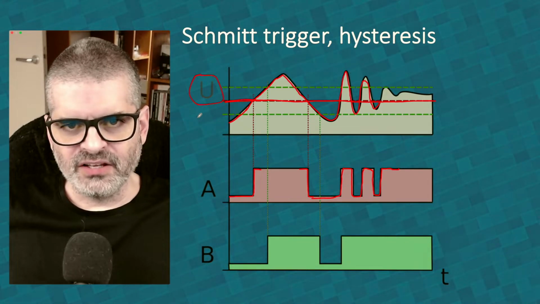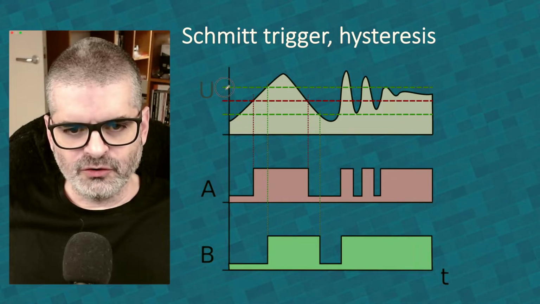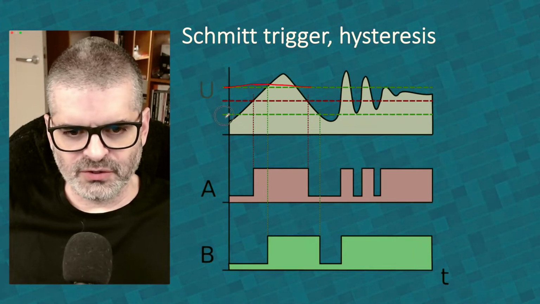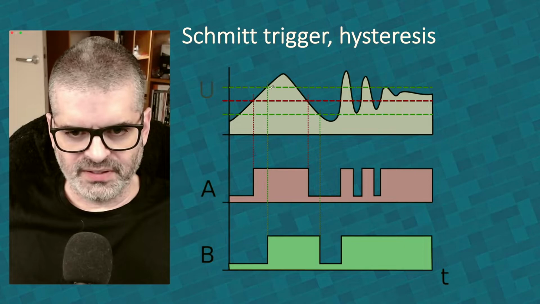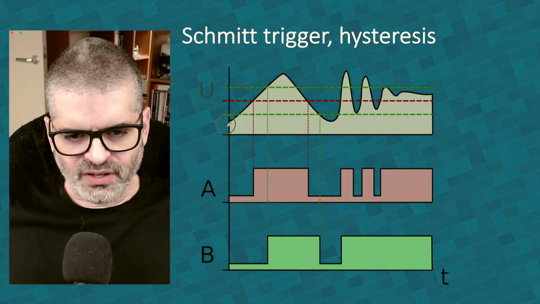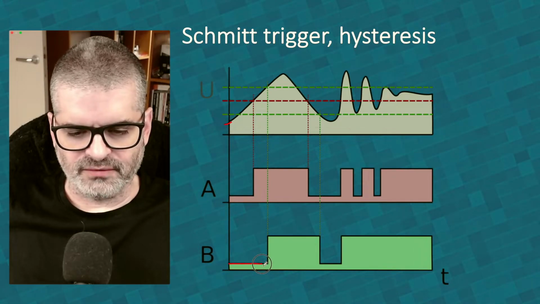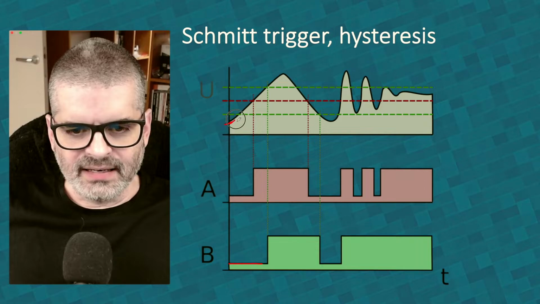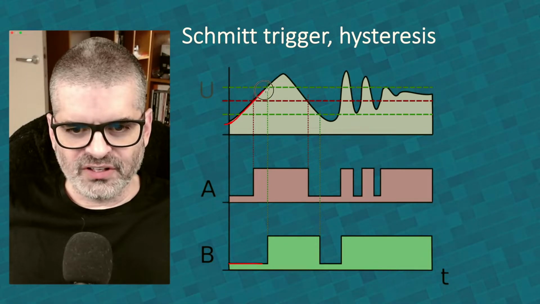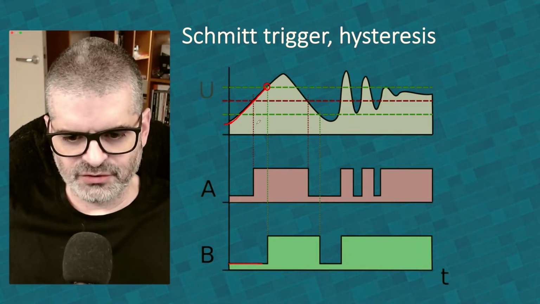So what hysteresis is, is when you create two thresholds, a high threshold and a low threshold, illustrated here in green. So when the signal is here, it's pretty low, so you get the digitized low version. But then it goes up and crosses the high threshold. At this point here, it crosses the high threshold.